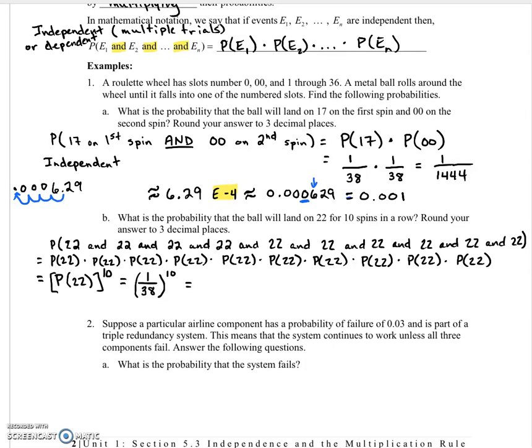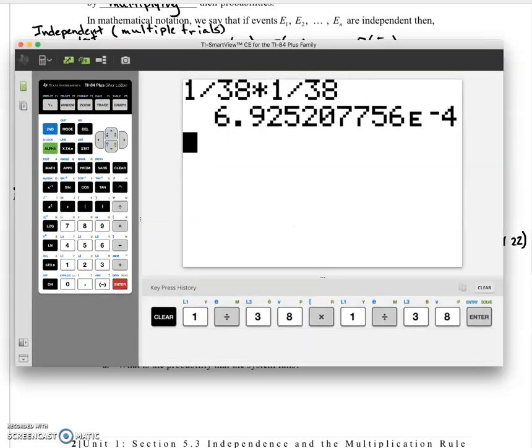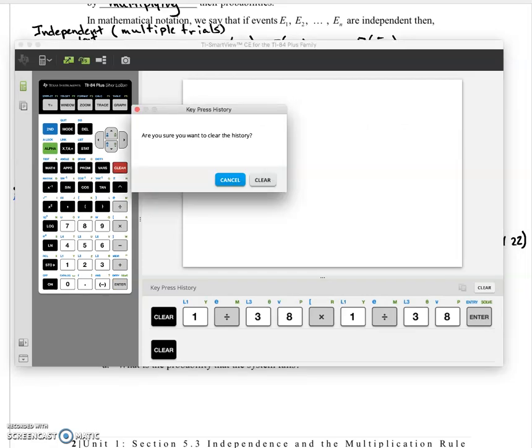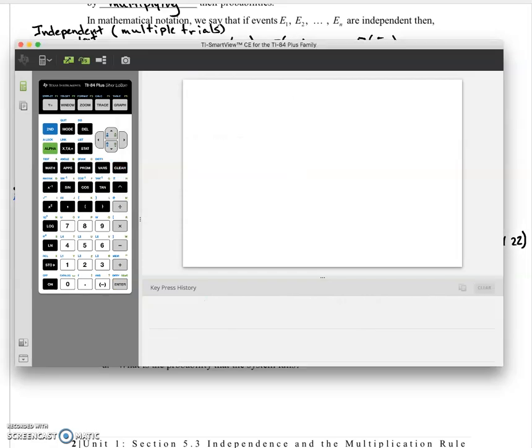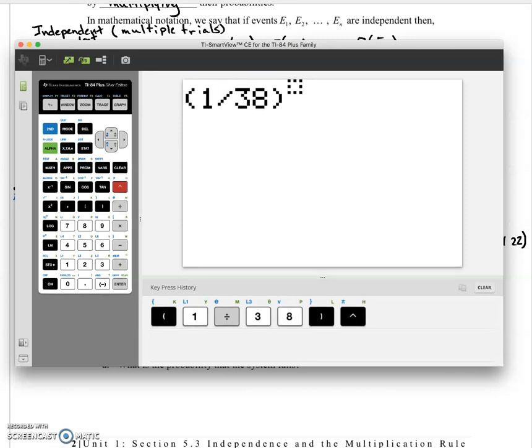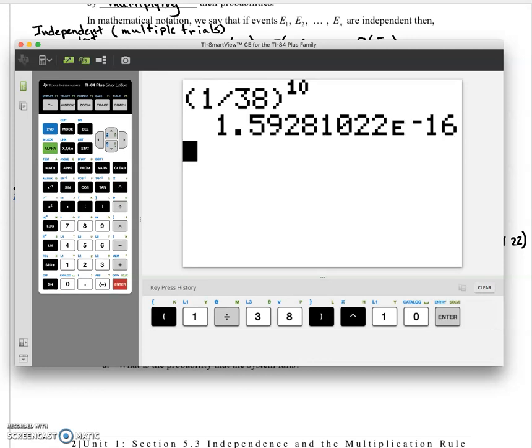On your calculator, we need, in parentheses, 1 divided by 38. And then to get the exponent, we hit the caret button. It's right below the clear button. And we type 10. And then enter.